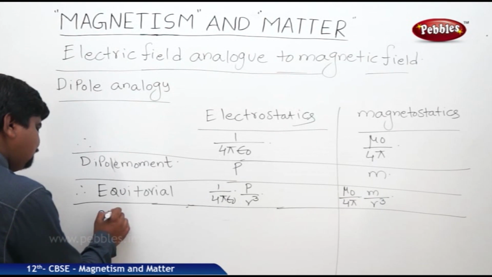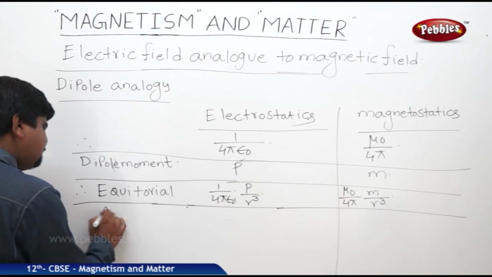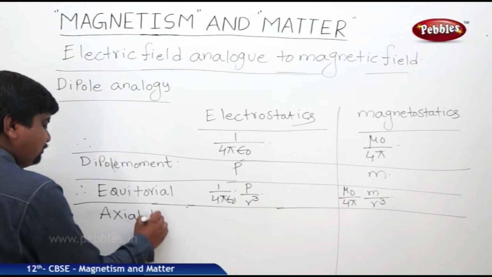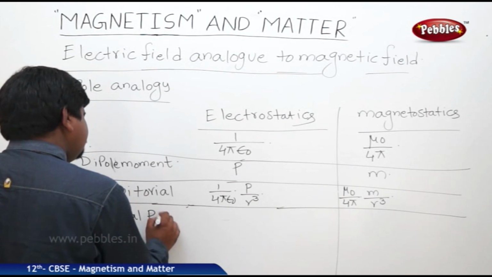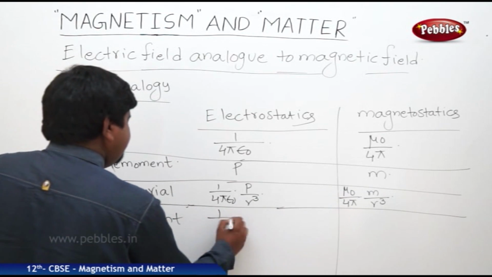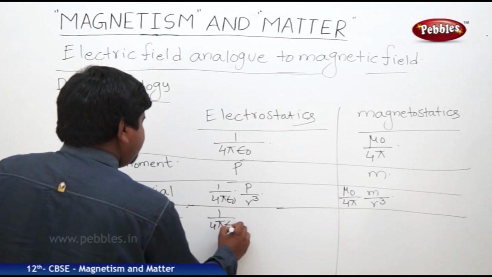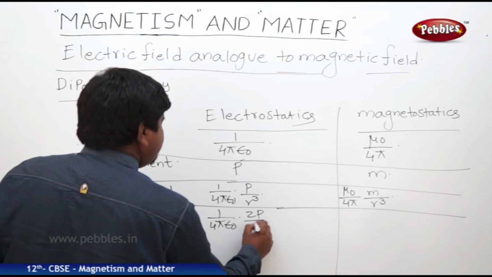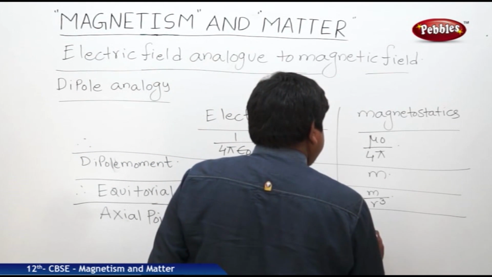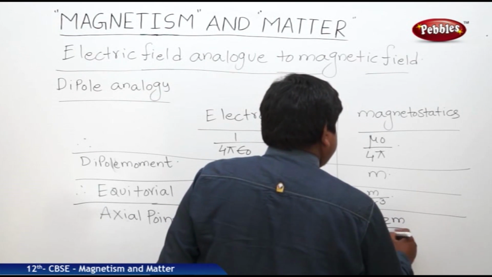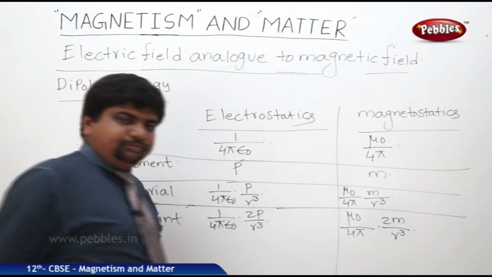At the axial point, it will be 1 by 4 pi epsilon naught into 2p by r cube. Here it is mu naught by 4 pi into 2m by r cube.